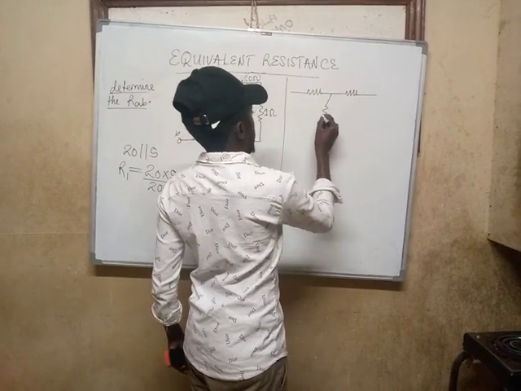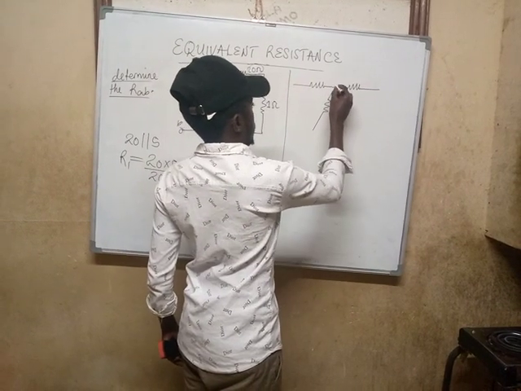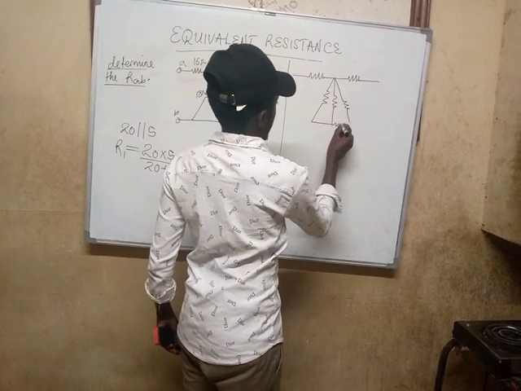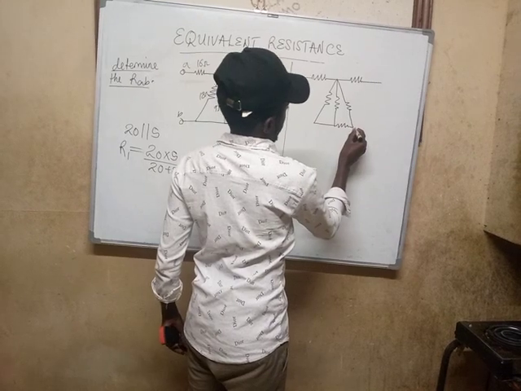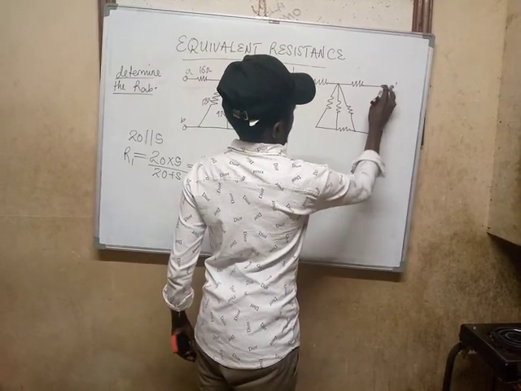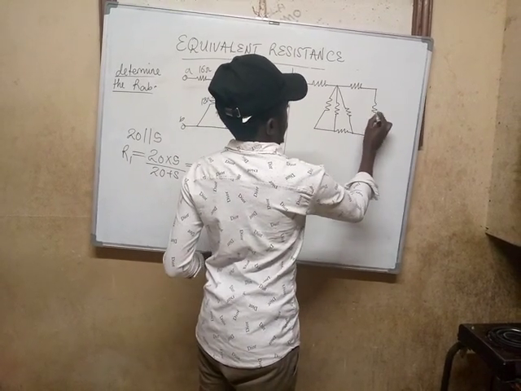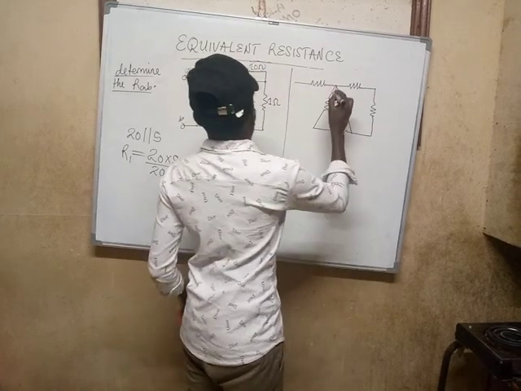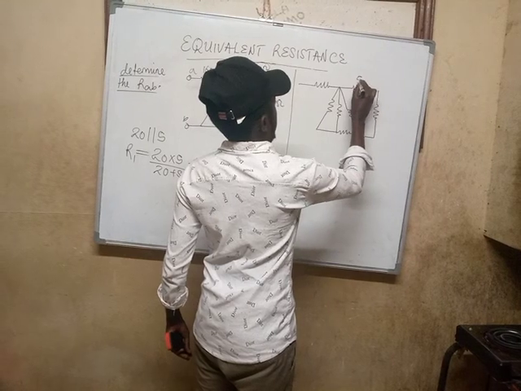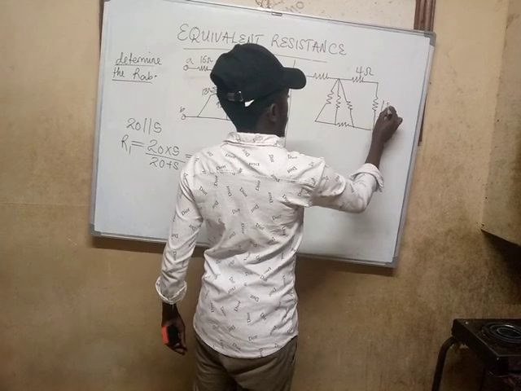So we have here the 4 ohm resistance, and this is the 1 ohm.